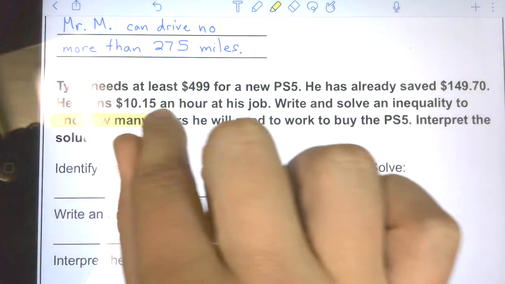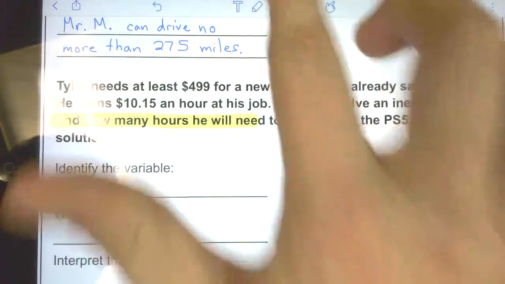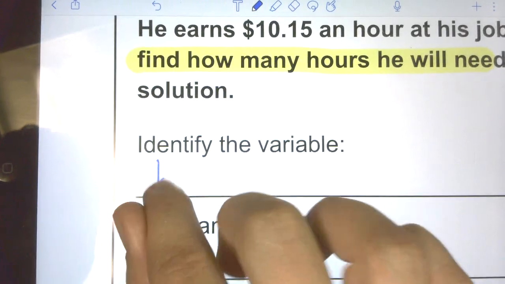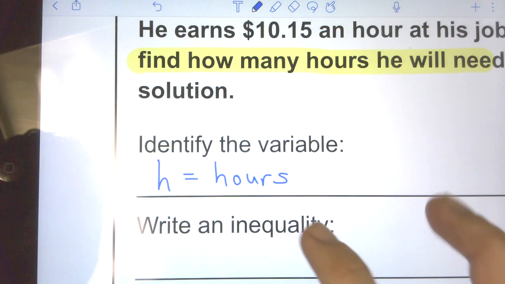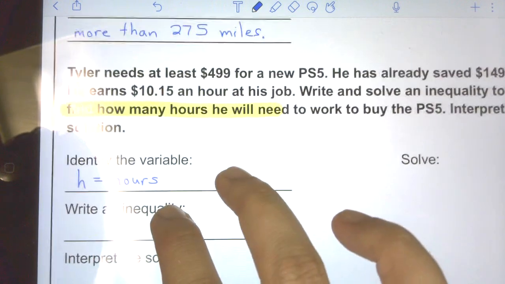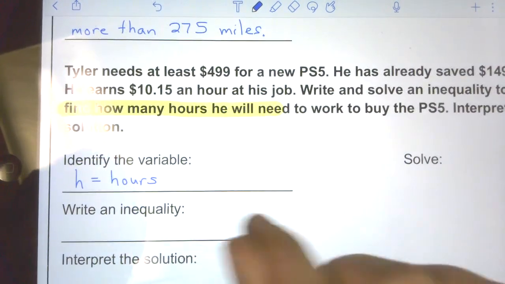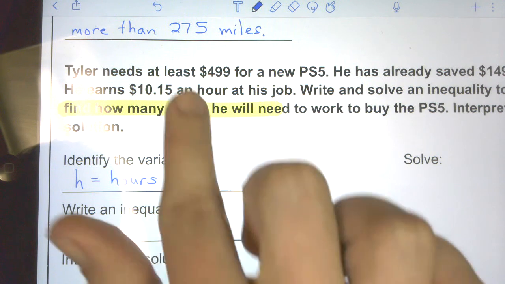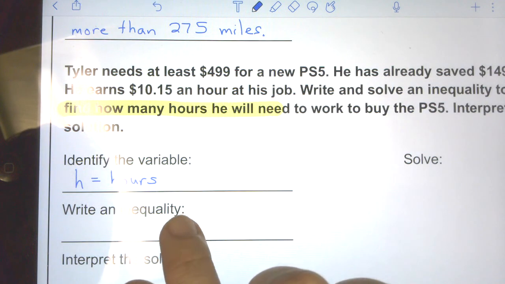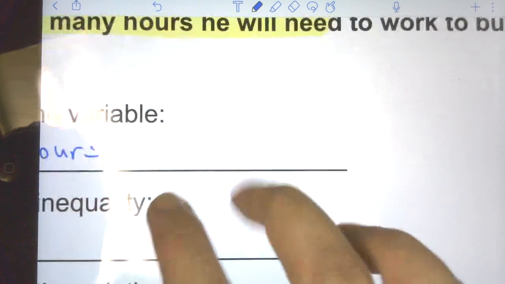So we want to find how many hours he will need to work. So I'm just going to use H. It's going to be the number of hours. All right. The inequality, set it up again from the perspective of what makes up the total on one side, and then on the other side essentially going to be the total cost. So he's already saved. So I'm going to say money saved.